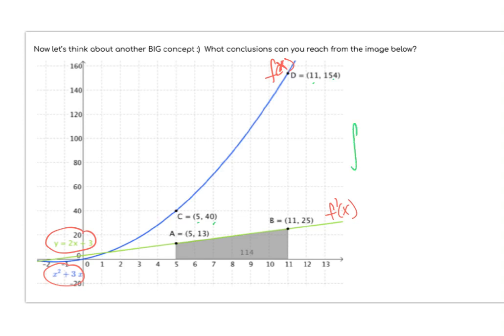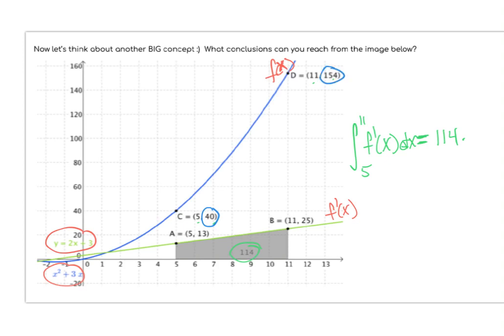So if we think about this in terms of integration, if we have the integral from 5 to 11 of what we now call f prime of x, and I forgot my dx, bad on me, but I fixed it, does it make sense that this would be the area under this curve? I hope so.